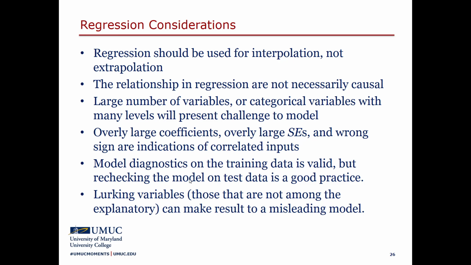So if we have a large number of categorical variable levels, then it is a challenge. Also, very large coefficients, overly large standard errors, and wrong signs are some indications of non-independence between the observations. Okay, and that's another assumption, that the observations are independent.